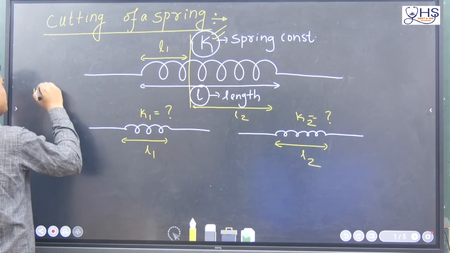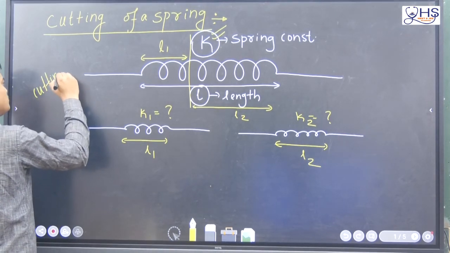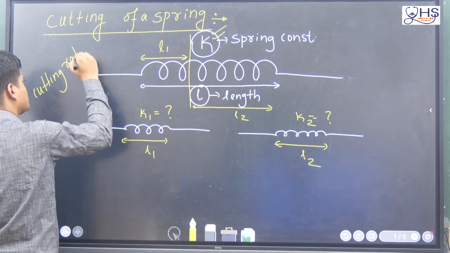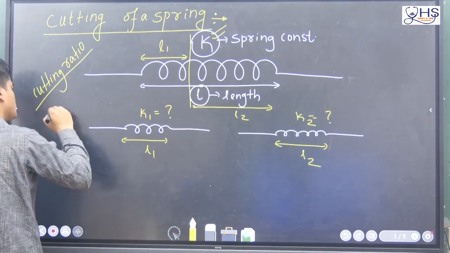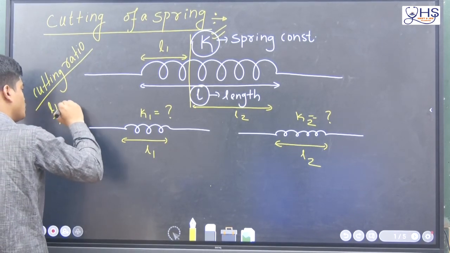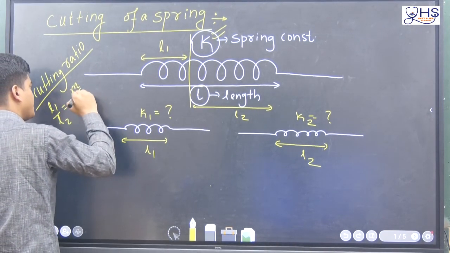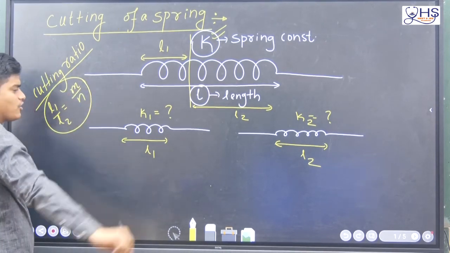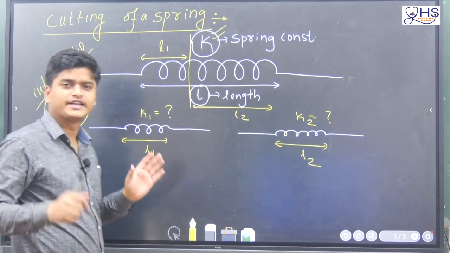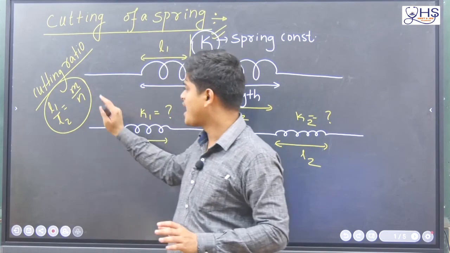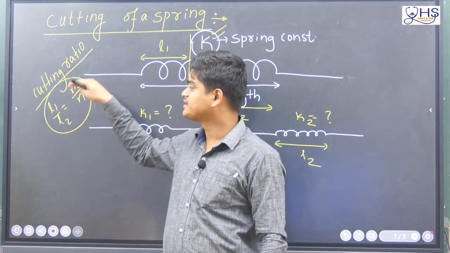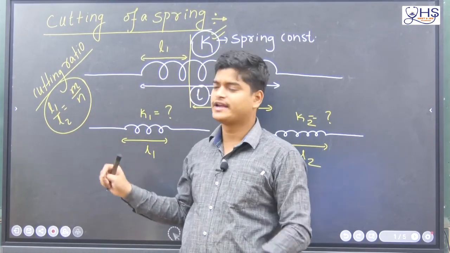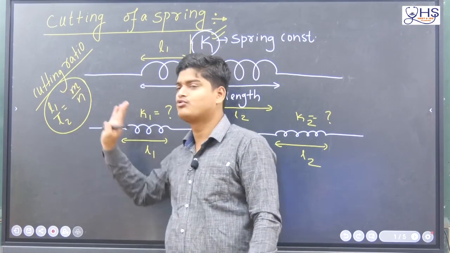I am writing here the cutting ratio: L1 by L2 is nothing but M by N. So I am cutting in the ratio M is to N. This ratio can be half, can be 1, can be 2 by 3, whatever you get. The upper number is M, the lower number is N.